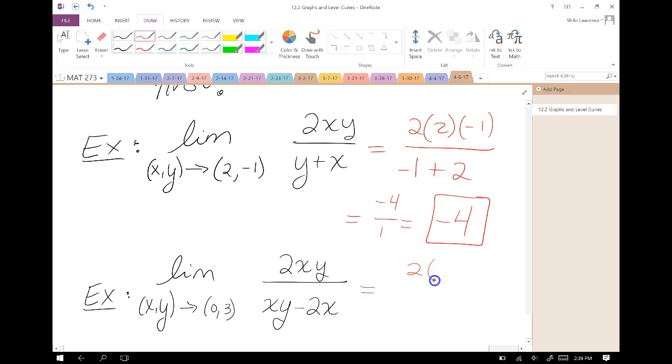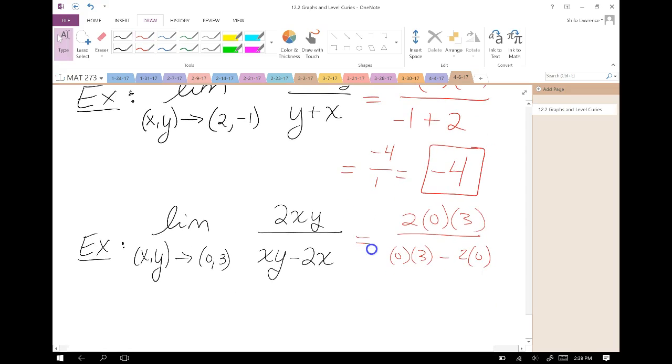We get zero over 0, which is indeterminate. 0 over 0 is indeterminate.